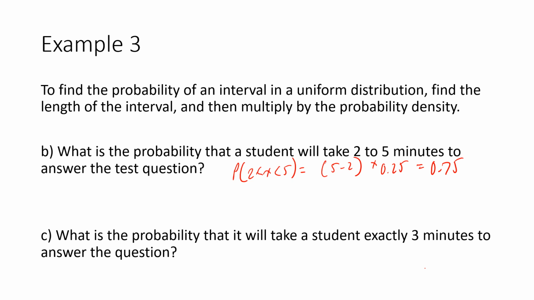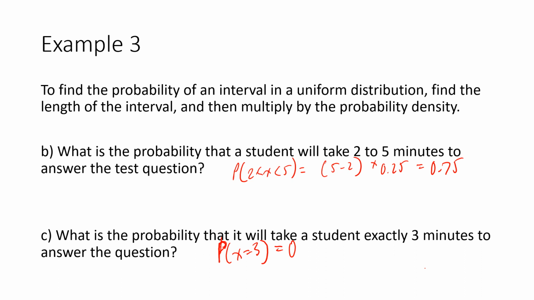C, what's the probability that it will take a student exactly 3 minutes to answer the question? Okay, so we didn't quite talk about this in detail, but the probability of any one exact data value in a continuous probability distribution is 0. Now, why is that the case? Remember the definition of a continuous random variable. There are an infinite number of data values in between any two data values, right?